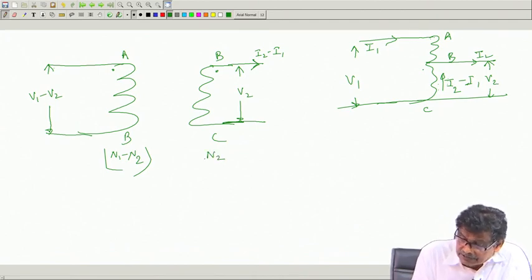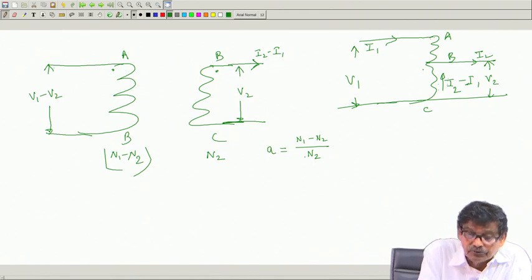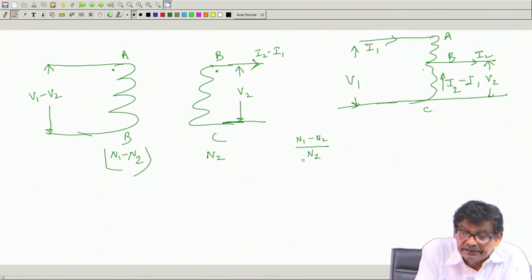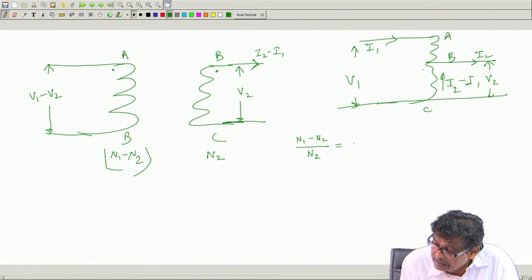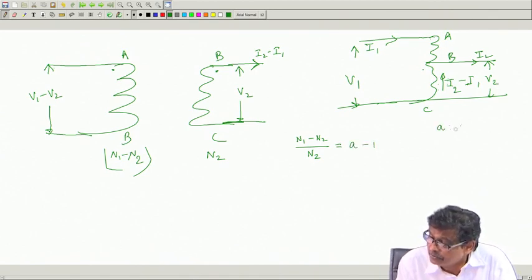I will say that this is a transformer whose turns ratio is N1 minus N2 by N2, and this one is equal to then A minus 1, because I have defined A to be N1 by N2.